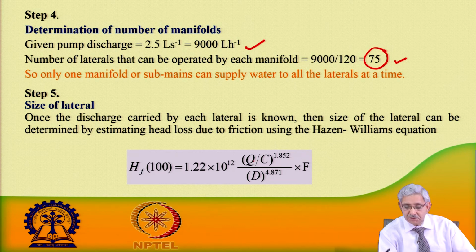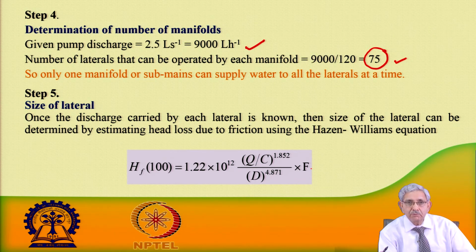Here Q is the discharge, and C is a constant that depends on the type of pipe material. The value of C changes with the type of pipe material as well as the diameter of the pipeline. D is the diameter of the pipeline, and F refers to the reduction factor.